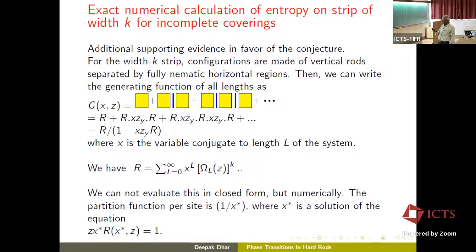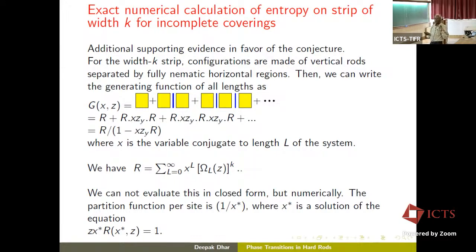Okay, so just as a final variation on this set of calculations, suppose you take a k stripe, then you can have some vertical parts. In between the vertical parts, everything is horizontal. So that is omega 1 to the power k, the one-dimensional partition function raised to the power L, and then you sum over all of these and that gives you something.